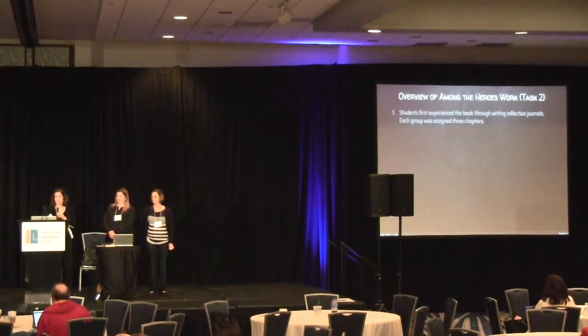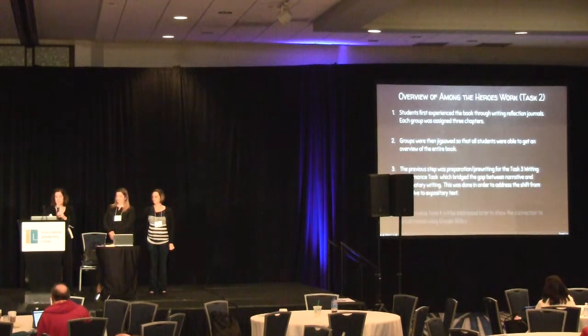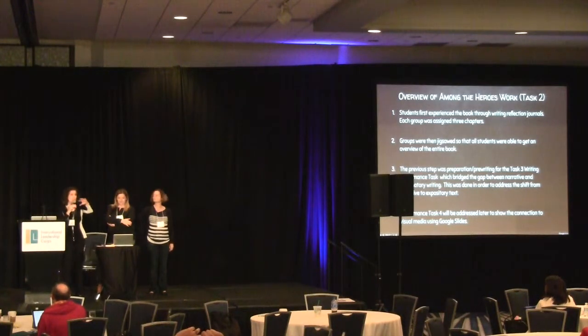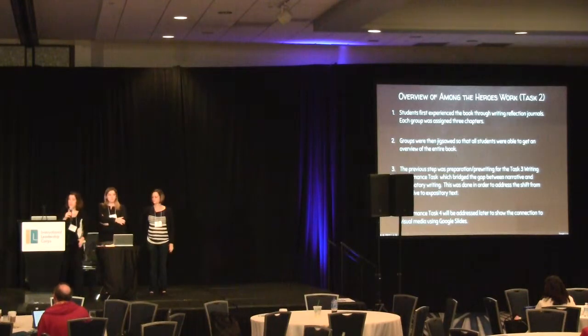And so, just as an overview of task 2, this is what students did. They first experienced the book through writing reflections. Then I assigned each group, because my classroom pretty much has 5 or 6 groups in it, 3 chapters of this book. Then I jigsawed it.